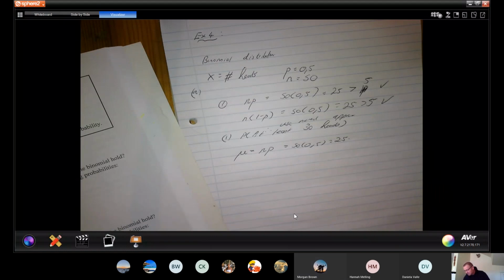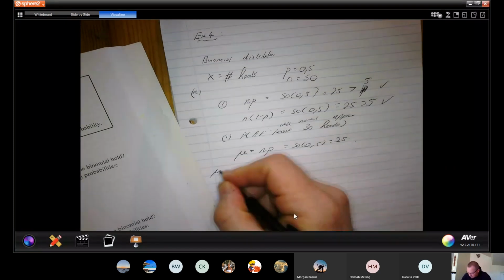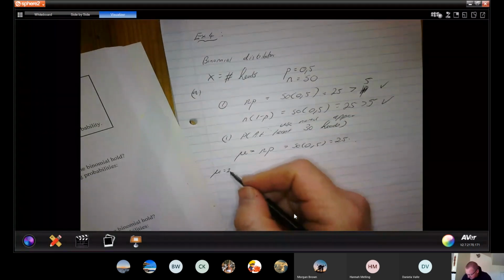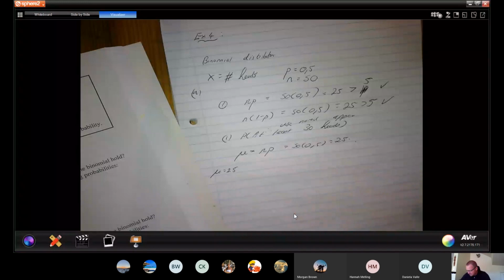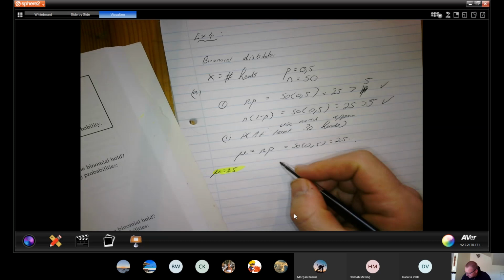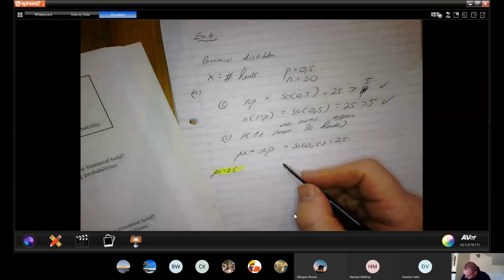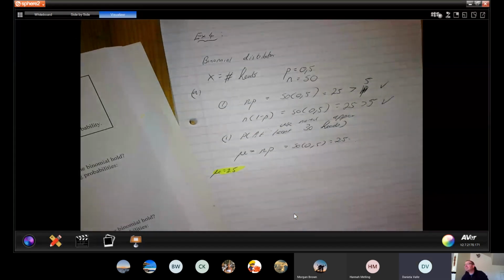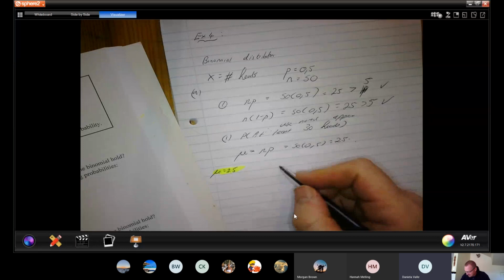Okay, so 50 times 0.5 is equal to 25, right? That's mu, and that's going to be pretty important for the rest of this whole sum. So mu is equal to 25. The next thing I've got to figure out is the standard deviation.